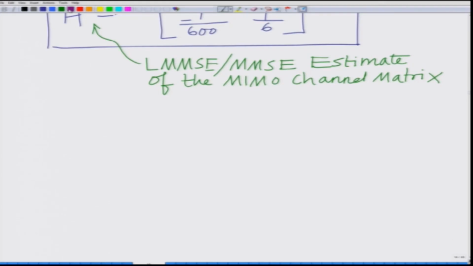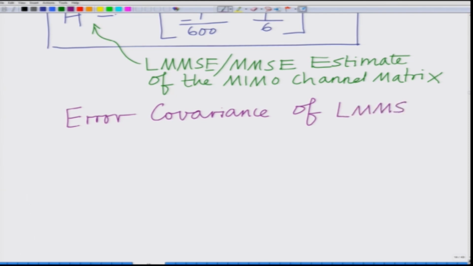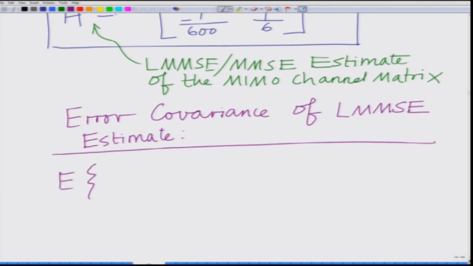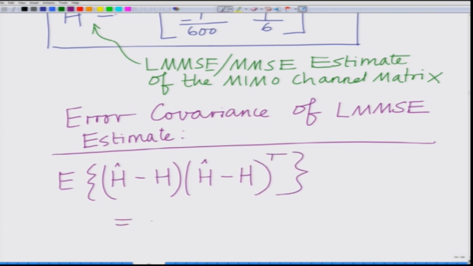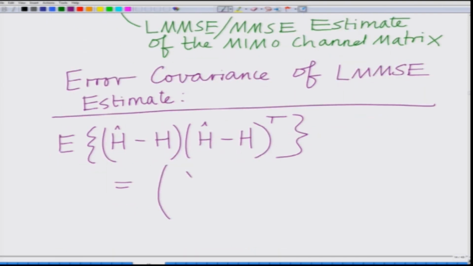As I said, I do not need to separately compute the error covariance again, because it is already a part of the calculation of the LMMSE estimate. The error covariance of your LMMSE estimate, that is the expected value of (H hat minus H)(H hat minus H) transpose, we have already computed: it is (X transpose X divided by R sigma square plus I_M divided by R sigma_h square) inverse.